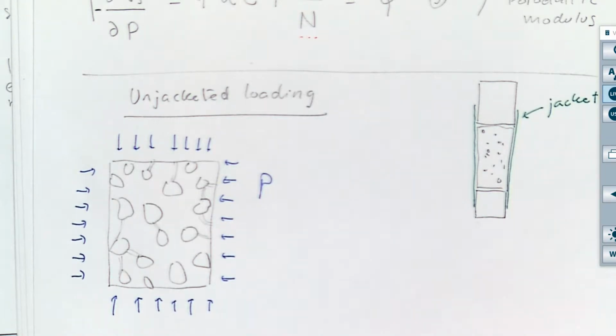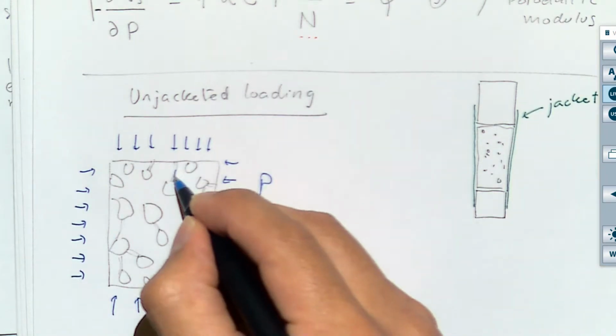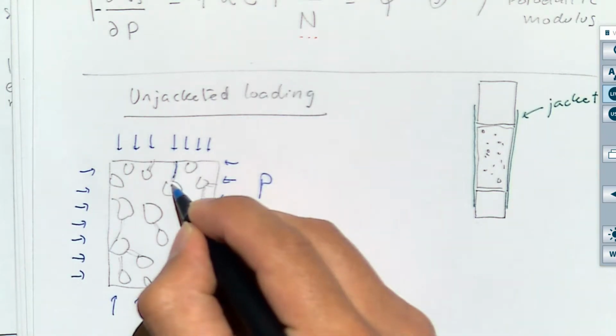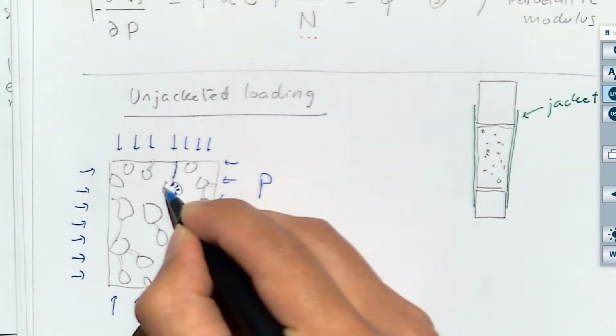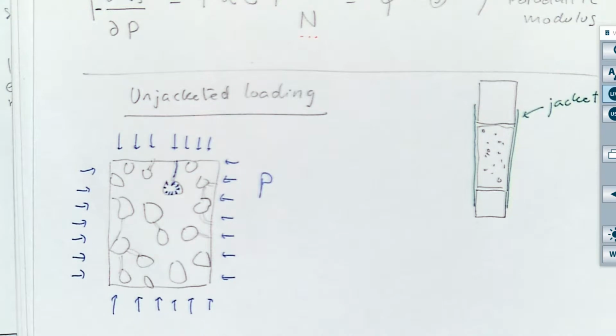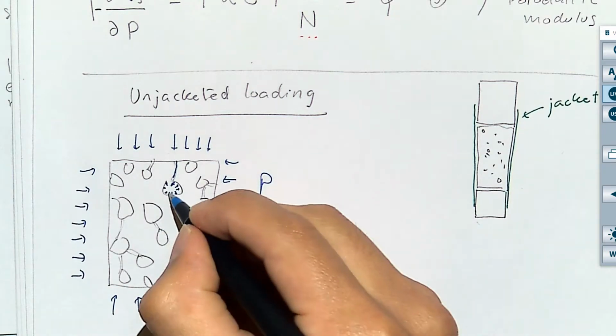For this particular case, we are going to assume also that all the porosity is connected. So when we increase the pressure outside, the fluid gets also inside the pores and applies a pressure inside the pores which is equal to the pressure outside.